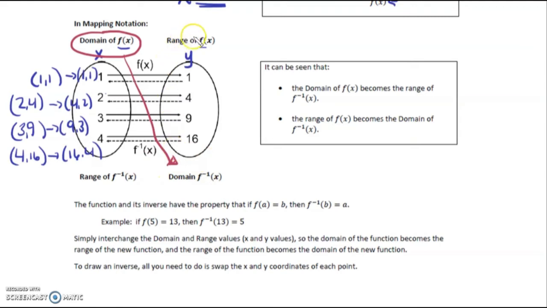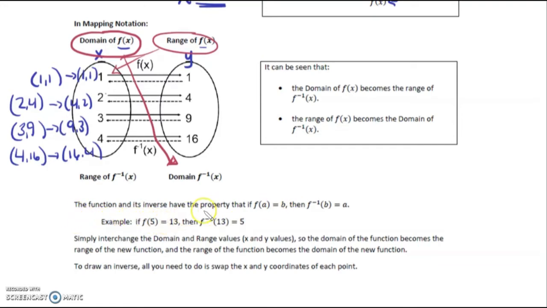And then the range of f at x is now going to become the domain of f inverse. It can be seen that the domain of f at x becomes the range of f inverse, and the range of f at x becomes the domain of f inverse, so that they switch sides.